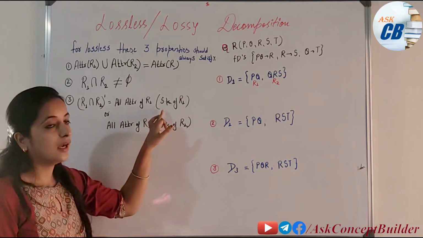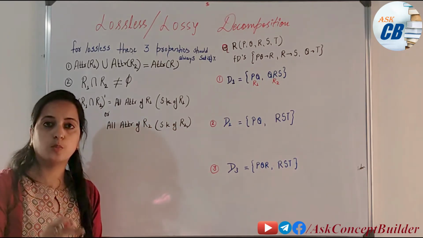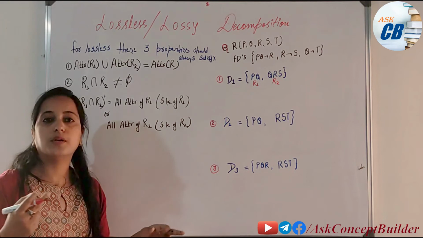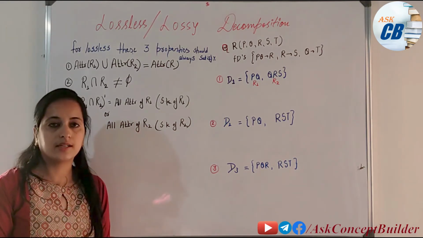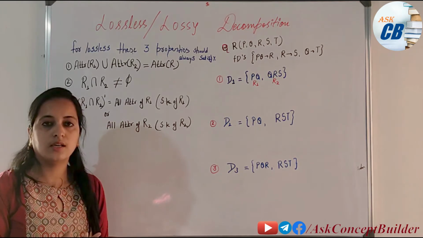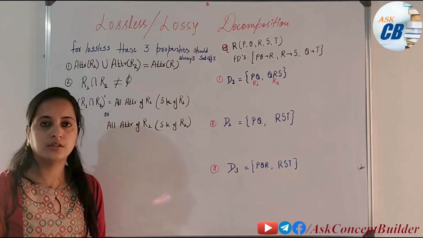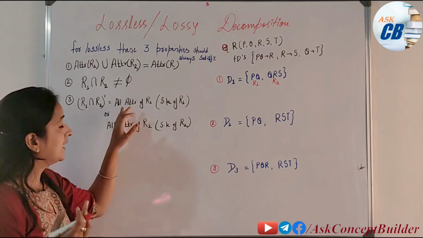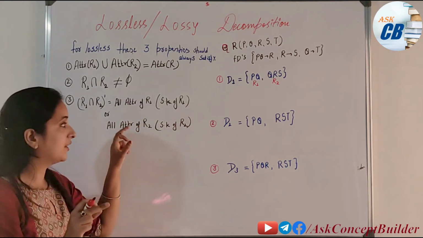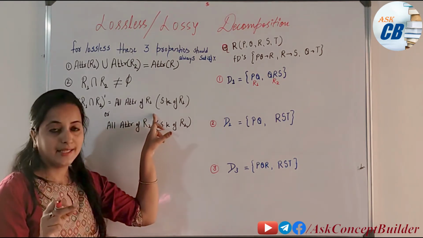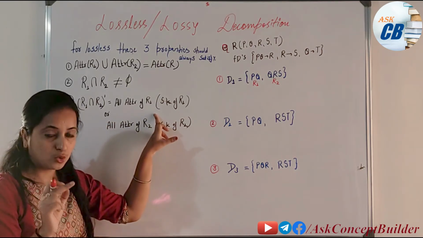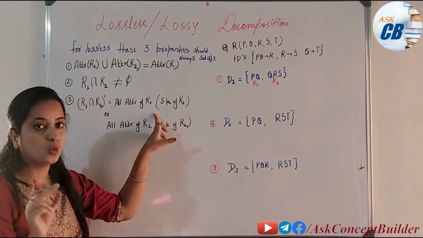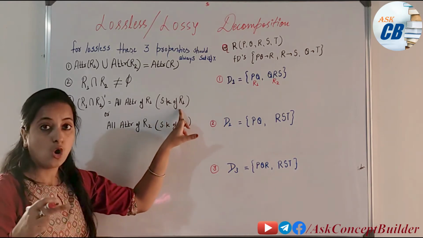It should be either the super key of R1 or the super key of R2. Deriving all attributes means what? Only a candidate key or super key can derive all the attributes of your relation. So directly you can say that the common attribute should be the super key for either your relation R1 or R2.